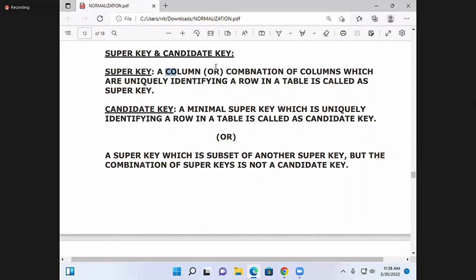Any minimal super key that uniquely identifies a row is called a candidate key. But a combination of super keys is not a candidate key.